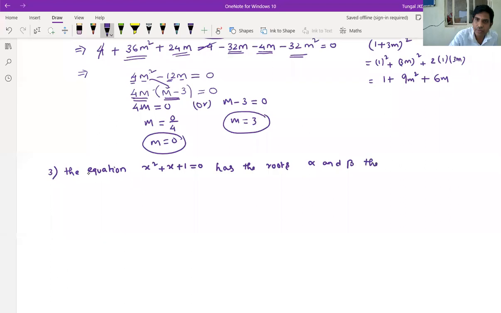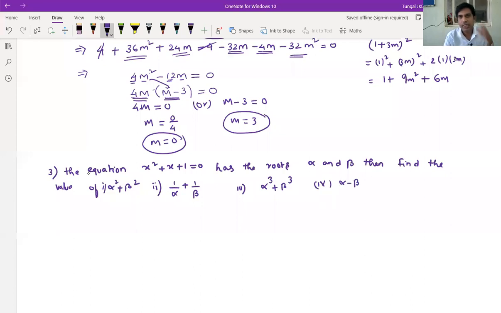Then find the value of alpha square plus beta square. That is the first question. Second one, 1 by alpha plus 1 by beta. Third one, alpha cube plus beta cube. Fourth one, alpha minus beta.